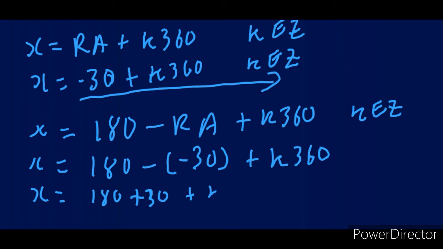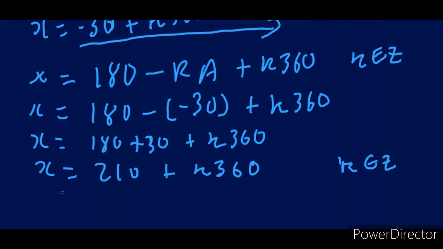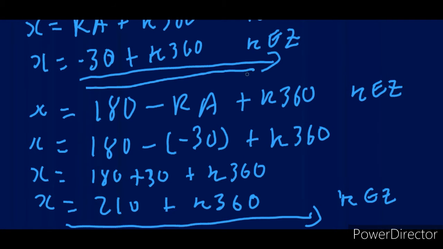So then this becomes 210 plus k360, and k is an element of integers. And there we have it. We have got our second equation, so our first equation and our second equation.